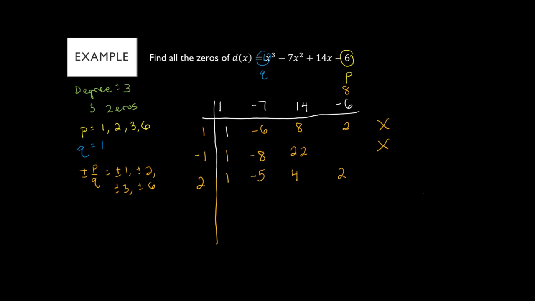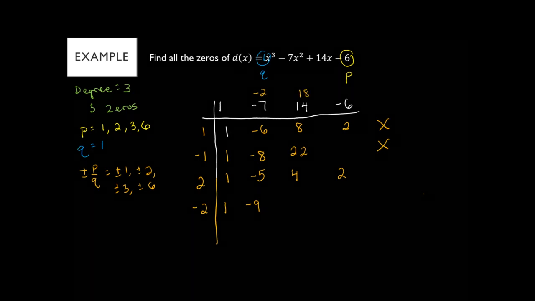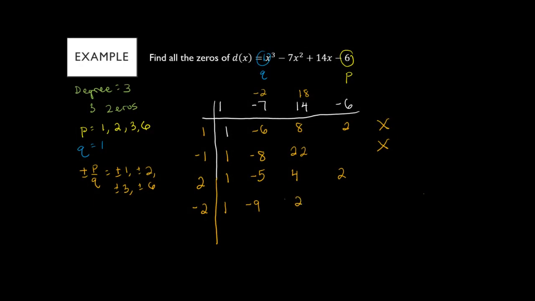So that's not a 0. So then we will try -2. -2 times 1 is -2. Minus 7 is -9. -2 times -9 is 18. 18 plus 14 is 32. This is getting further away. So far we haven't found any zeros.